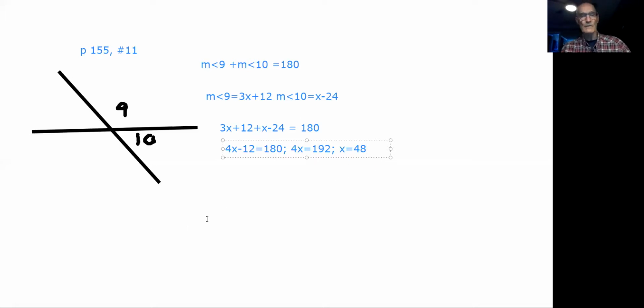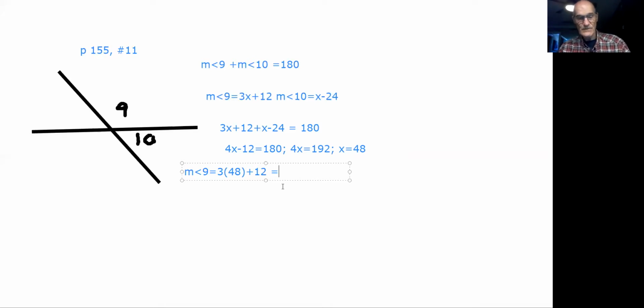Now the problem normally will ask us for the size of each one of the angles. So I can come back now, since the measure of angle 9 is 3x plus 12, and I can say the measure of angle 9 is equal to 3 times 48 plus 12. Okay, so 3 times 48 is 144, plus 12.